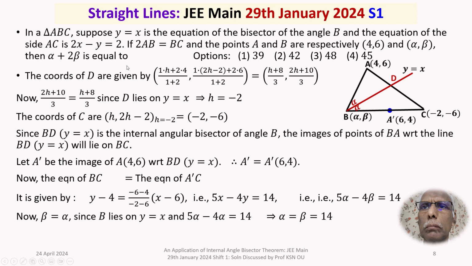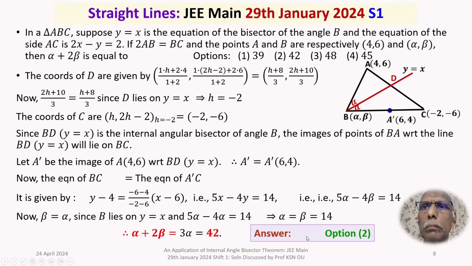What is required is alpha plus 2 beta is equal to alpha plus 2 times alpha, that is 3 alpha, 3 into 14, that is 42. That is the answer to this question, and this answer 42 appears against option 2. Therefore, the answer to this question is option 2.